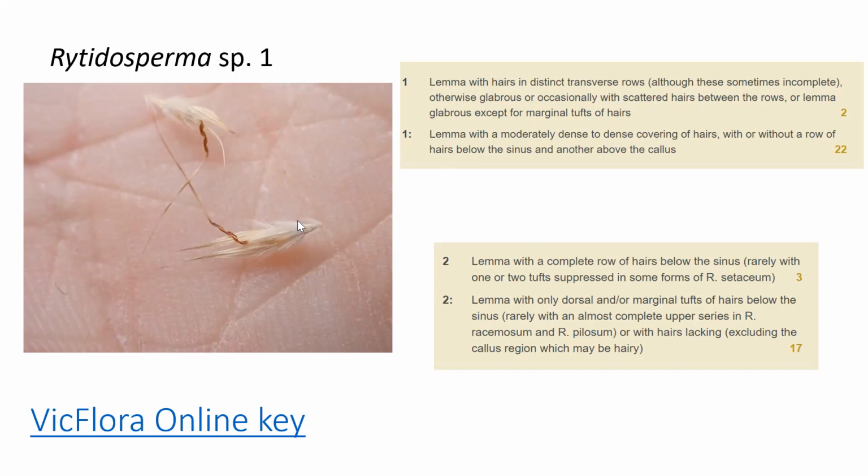So the rows of hairs are going to be just above the callus, if there's one. And here, often they're called a row of hairs below the sinus, which is that point where your awn rolls down to. So this seed has that distinct row of hairs above the callus. It's got marginal tufts here, but that's okay for that step. The alternative is it's got hairs all over it.